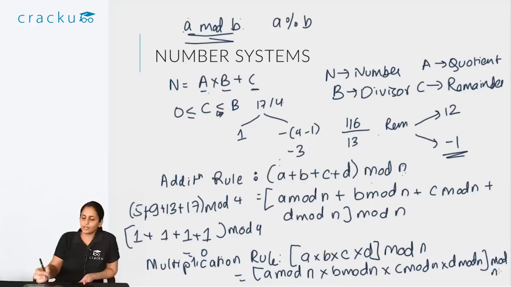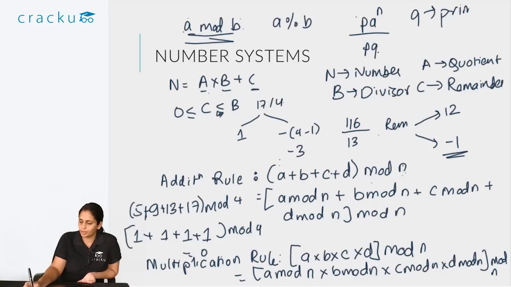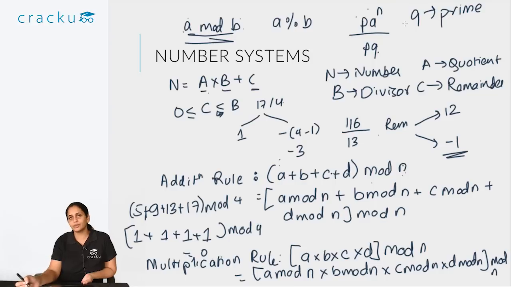Another place where you often use this is, suppose you have a question of the form: what is the remainder when p times a raised to n is divided by pq, where q is a prime number. What you can say is that I'll cancel p from the numerator and denominator, but the fact is that the remainder that you get, you should also multiply with p.